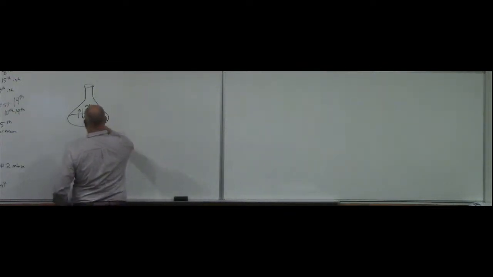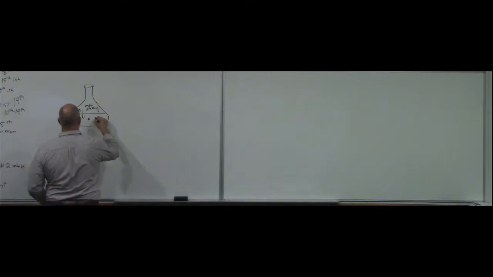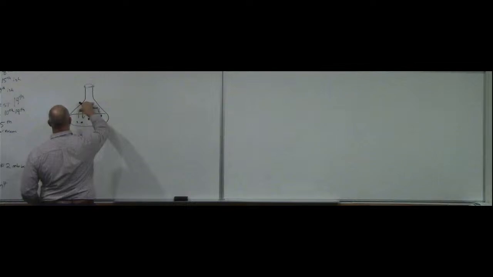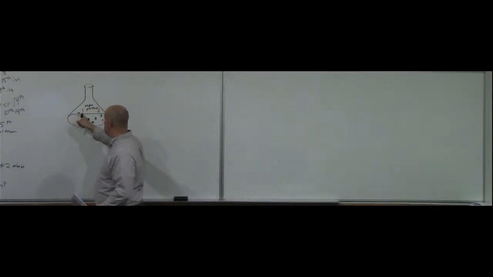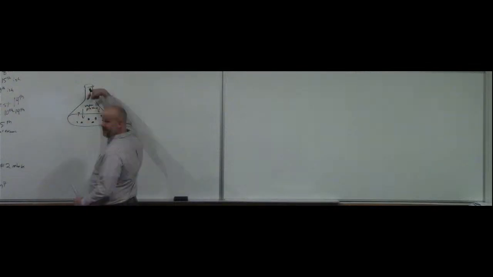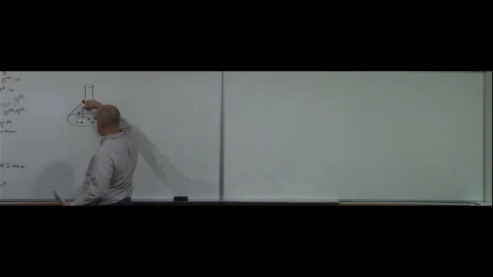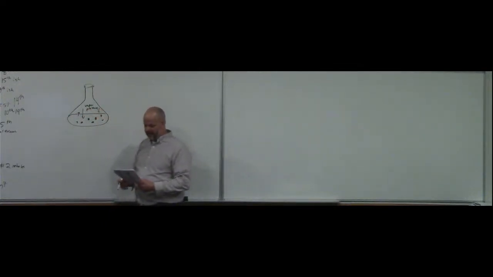If I add some solute here, I suddenly reduce this by a lot, right? We're now out of equilibrium, but there's nothing preventing it from driving this way to establish a new equilibrium. And so at that new equilibrium, I will have less at the surface and certainly less in the gas above it.